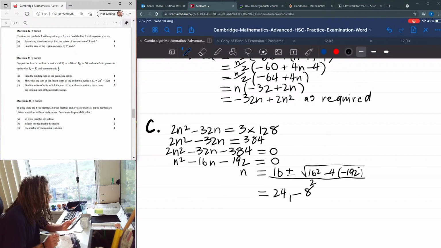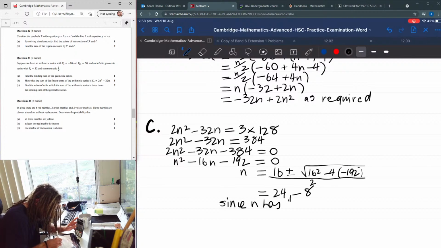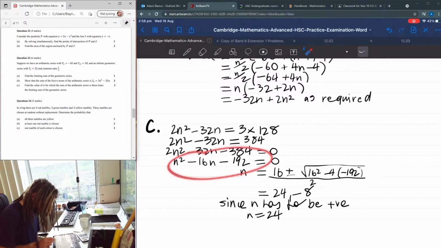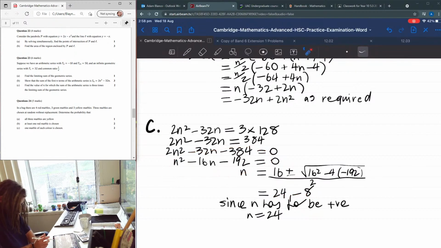Find the value of n for which, oh okay, well n can't be negative. So since n has to be positive, n equals 24. Done. Apparently this factorizes nicely, but I would never have known that 24 times a number is 192. Anyway.